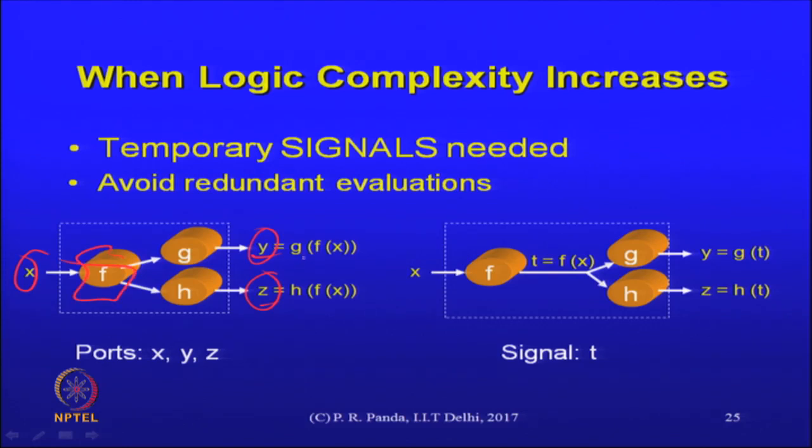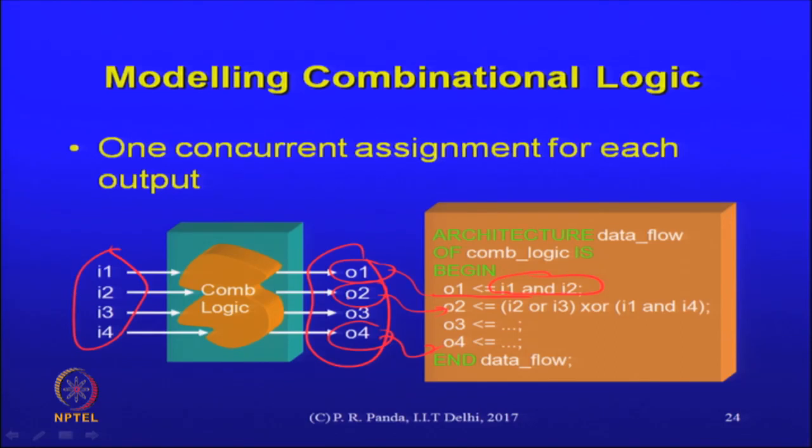That is what we have represented here. It is some function f. So, f is a function of x, and g and h are two different functions, but that f part is common between both y and z. So, when that happens, if I restrict myself to just this syntax of independently specified concurrent signal assignments, then you see that I have to repeat that f part, the common part, in both the statements. That is the only way.